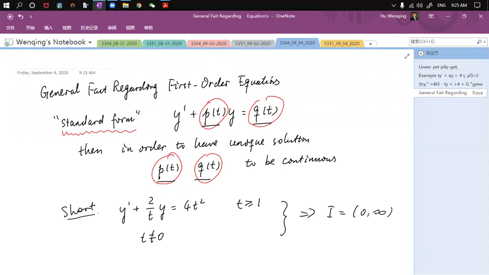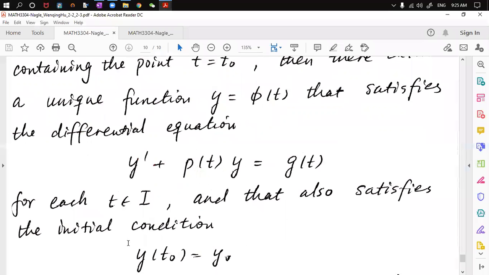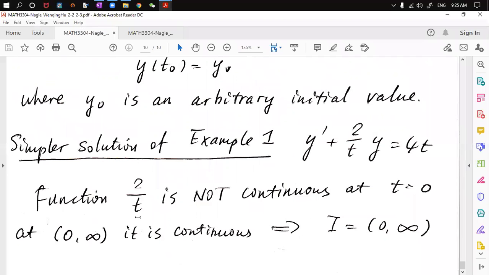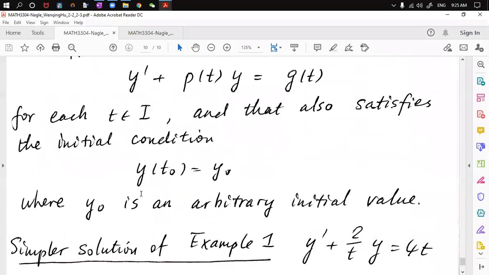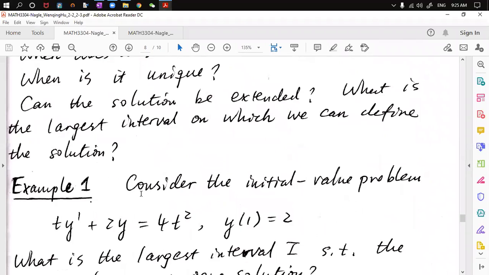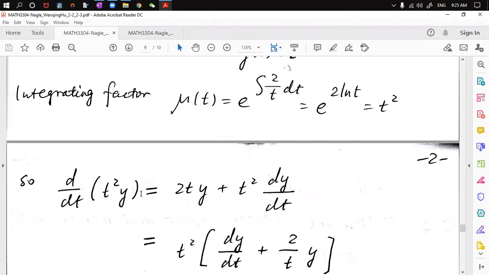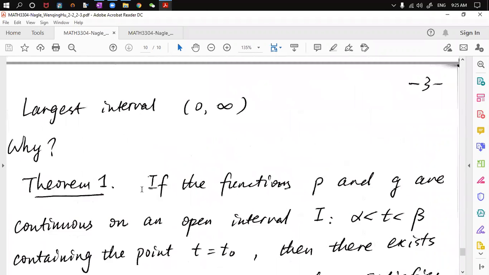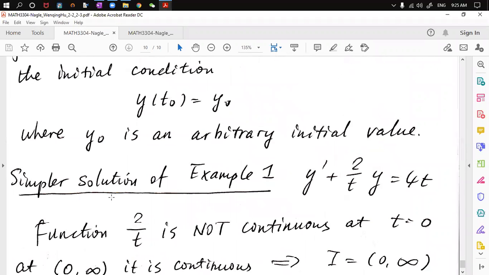So that's what we say about the general fact regarding first order equations. This is a nice theory on the solution, on how the solution is continuous and unique on a certain interval. It suffices to check that in standard form, the coefficients of the equation are continuous.